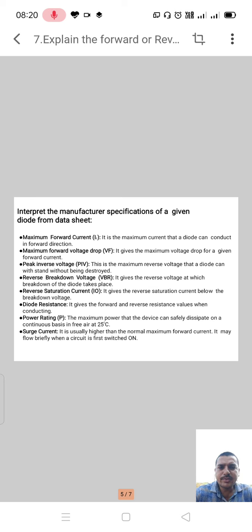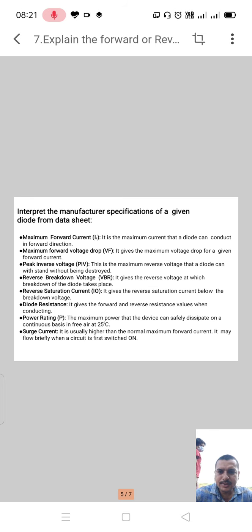This is the maximum reverse voltage that a diode can withstand without being destroyed. Next, fourth one, reverse breakdown voltage, VBR. It gives the reverse voltage at which breakdown of the diode takes place.